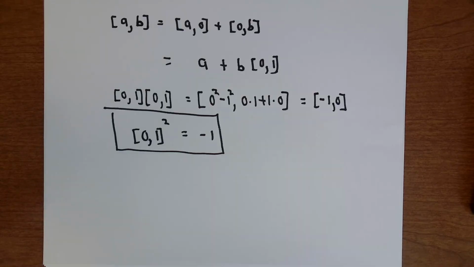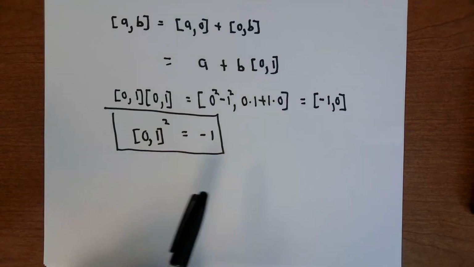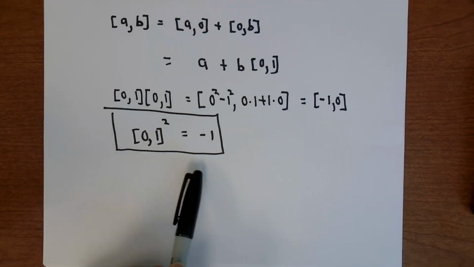The thought is, we're going to have the real number system, and we're going to append to it stuff that has a non-zero number in that second bracket, things that are multiples of this thing that isn't a real number. That thing has the property that when you square it, you get -1 for an answer.